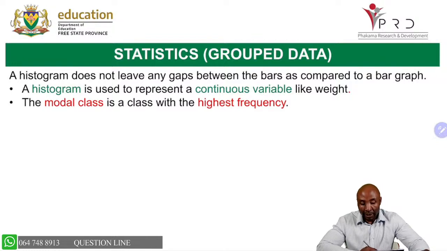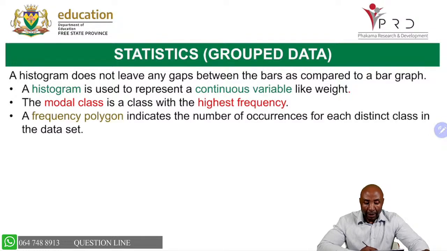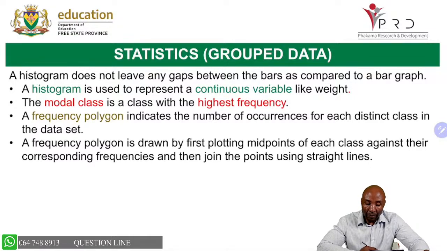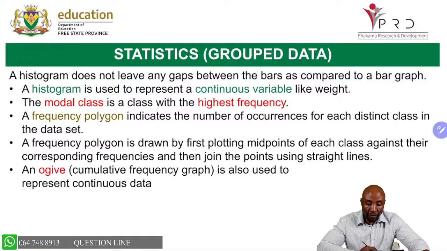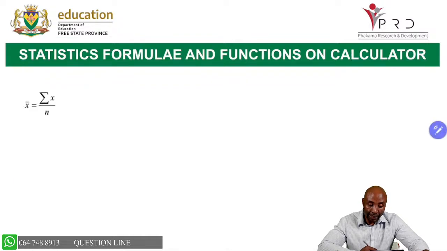Now, the modal class is the class interval with the highest frequency, and a frequency polygon indicates the number of occurrences for each distinct class in the data set. Now, we know that we plot the midpoints and then we join them together to get our frequency polygon. And an Ogive, our cumulative frequency graph, is also used to represent continuous data.